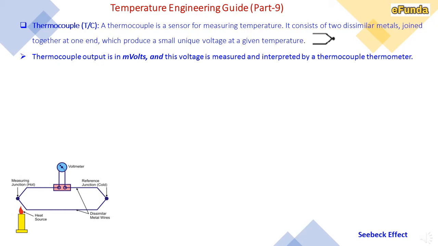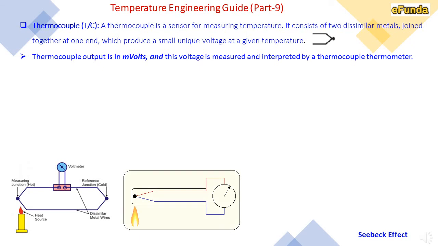One can see in the animation, as soon as the temperature or heat is given to the hot junction, it creates a difference in temperature, and the same can be shown on the dial type thermometer. Similarly, there are various types of effects involved.